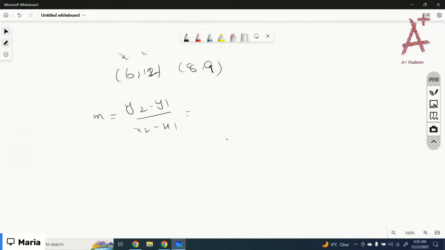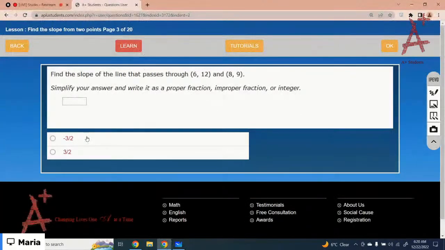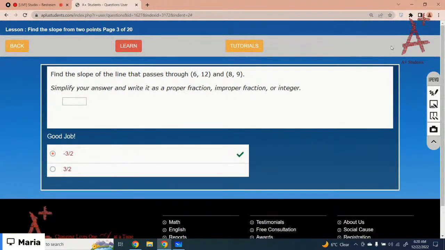This is x1, y1. This is x2, y2. y2 minus y1 is 9 minus 12 and 8 minus 6. 9 minus 12 is negative 3 and 8 minus 6 is 2. So the slope is negative 3 over 2. Got it? So the slope of the line is negative 3 over 2.